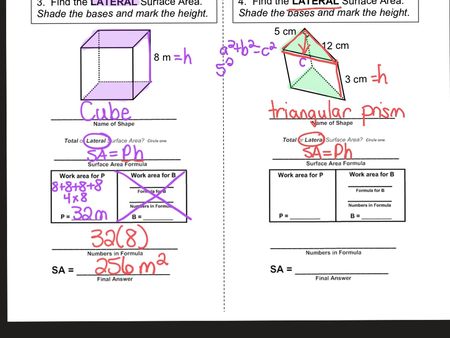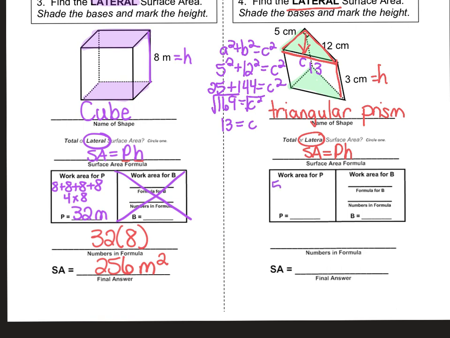It doesn't matter which one's which because they're both legs. This is way back in the first semester. I get 25 plus 144 equals c squared. I'm going to get 169 equals c squared, but remember I only want c, which is 13. So now I know my missing side length.